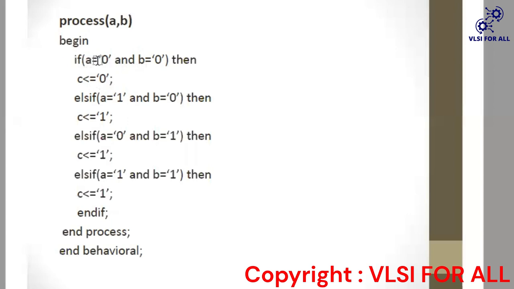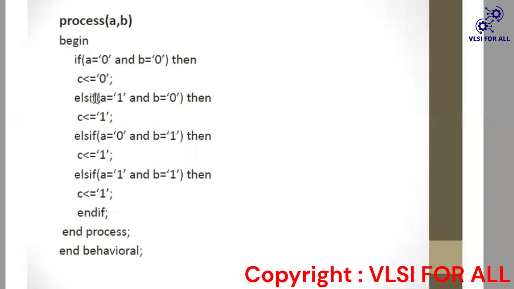Like if A equal to 0, B equal to 0, then C equal to 0. So simply we are implementing the truth table of the OR gate by using the if then statement.